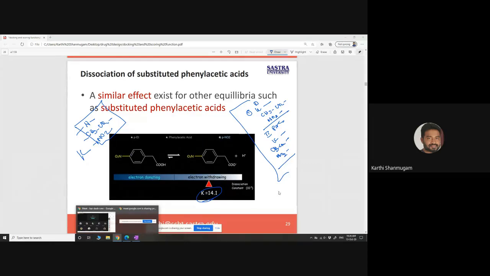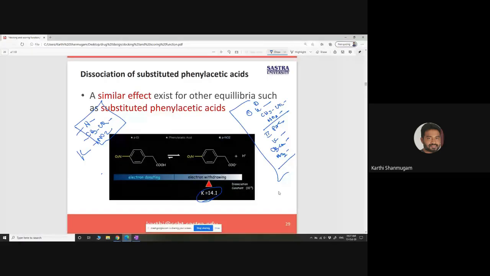So I just want to generalize. If we have the electron donating group at para position, or electron withdrawing group at para position, definitely the K value, the dissociation constant value, gets changed.